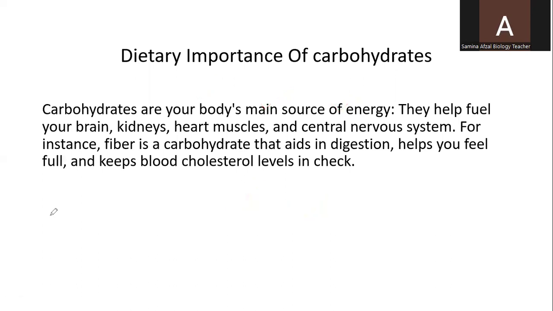They should be in our diet because they are the main source of energy and give us 60 to 70% of energy. Secondly, they are an immediate source of energy. So energy is available from them.